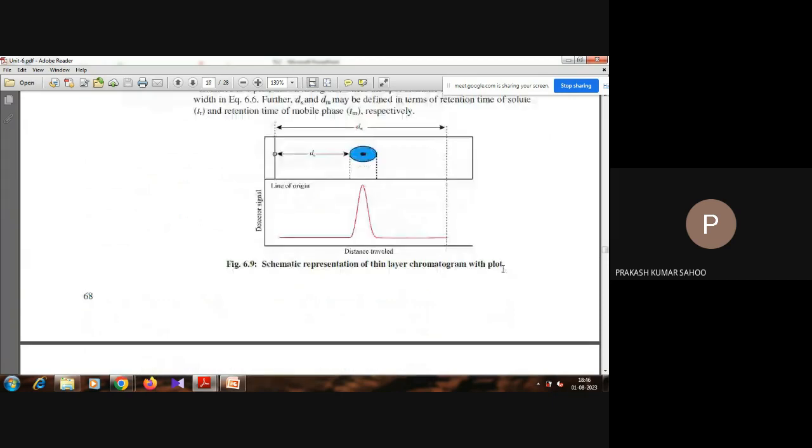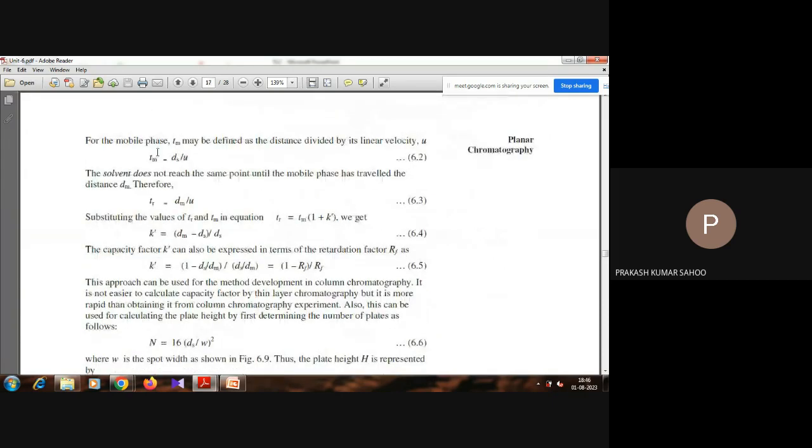And there is also one mathematical derivation here: time in the mobile phase is the distance covered divided by the linear velocity, because distance covered is velocity times time, so time is distance by velocity. Then followed by TR equal to dm by u.